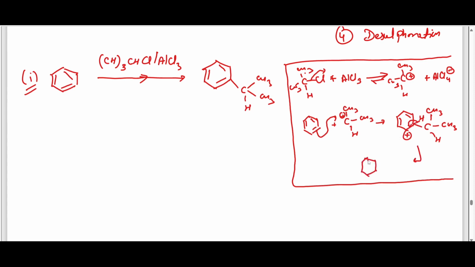There will be an isobutyl group at this position. Okay, so this is a first step, that is Friedel-Crafts alkylation.